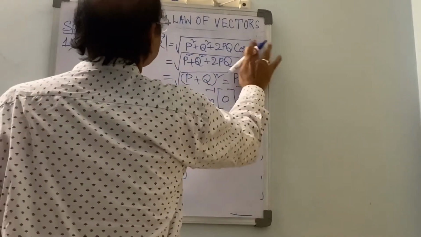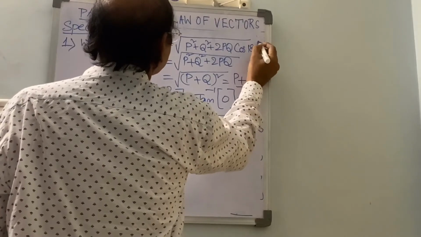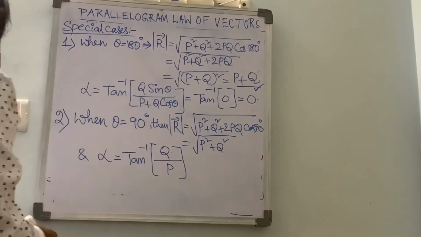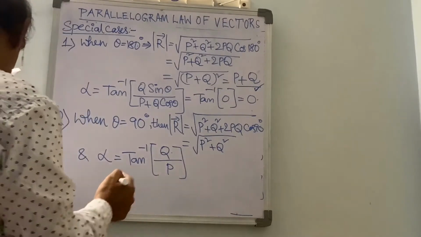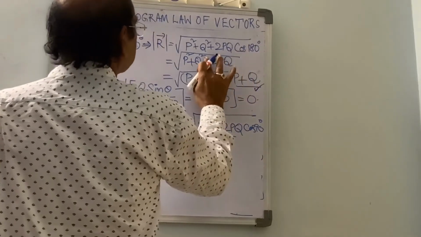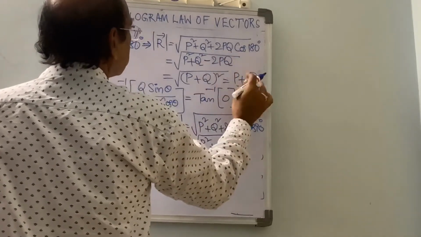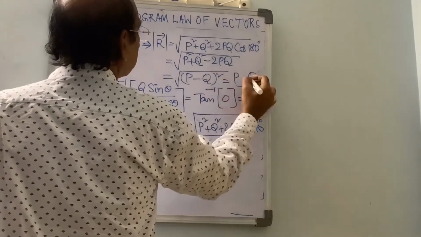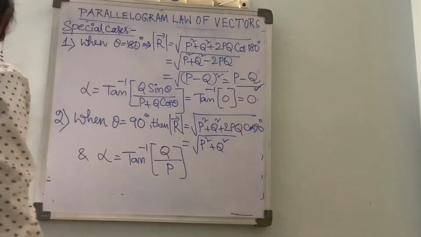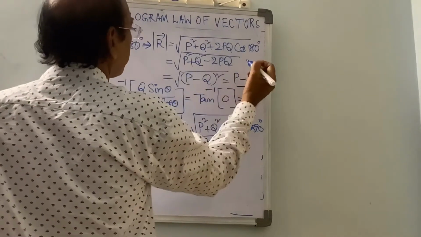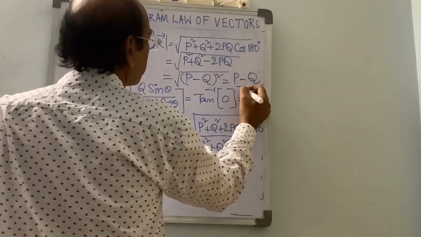Then here, since cos 180 is minus 1, this one becomes minus. So the resultant is p minus q or q minus p.